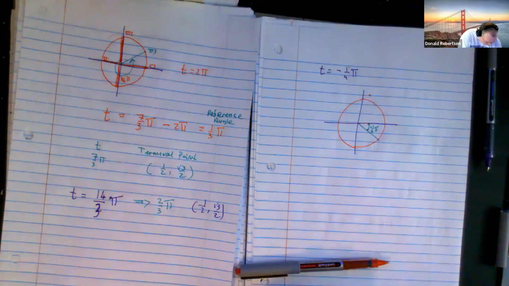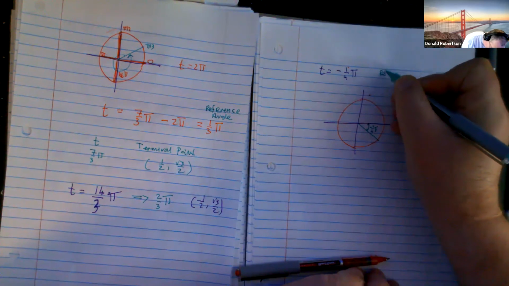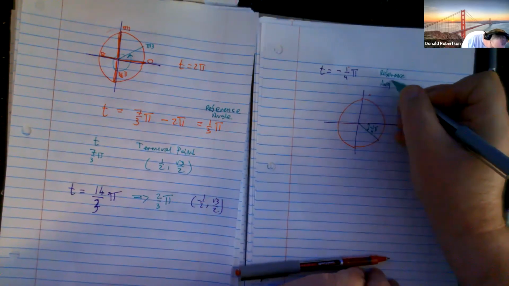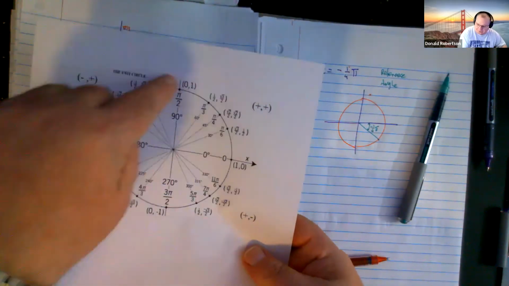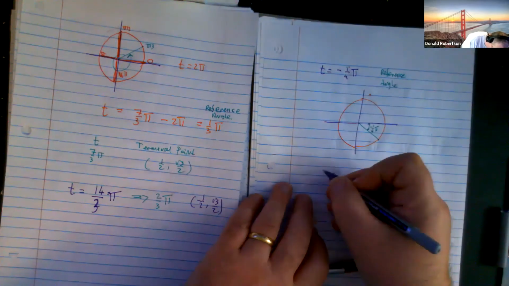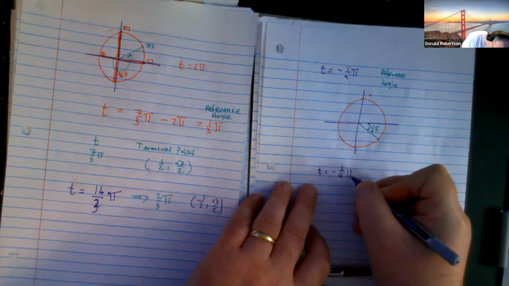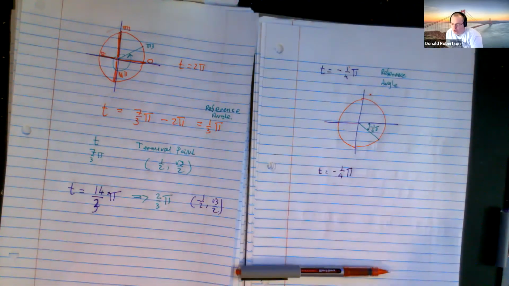I still need to know what its reference angle is. Its reference angle is one of these guys. What do you think you do when the angle that you start with is too small, if it's negative?